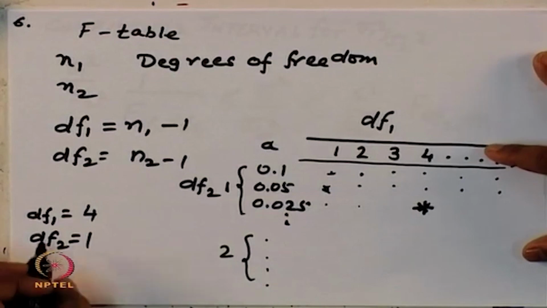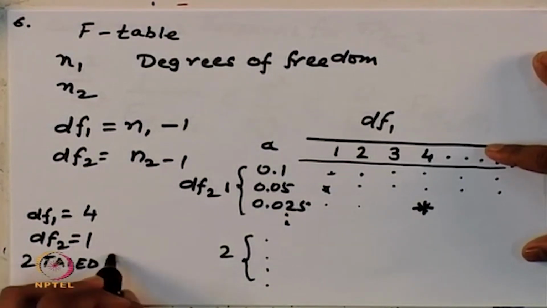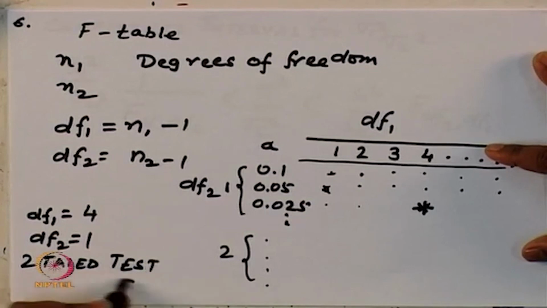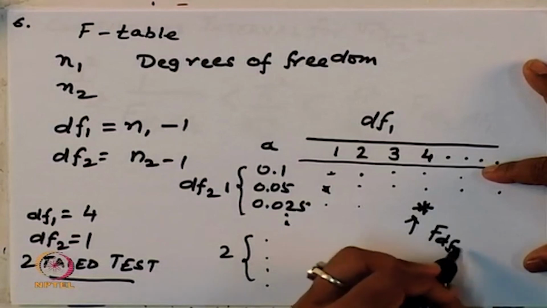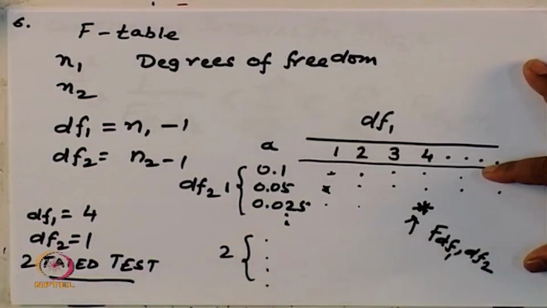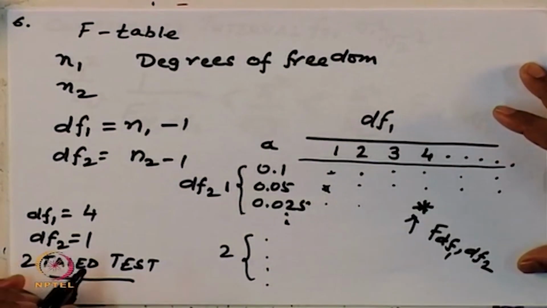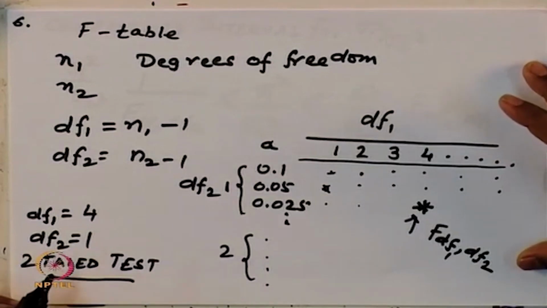So, for two tail test, this is my f of df1 comma df2. Correspondingly I can find out f of df2 comma df1. So, df2 is the corresponding value.